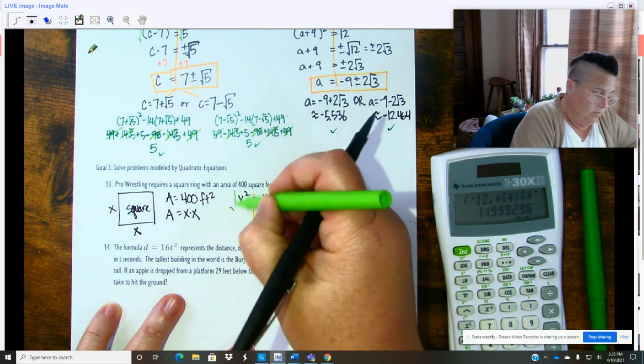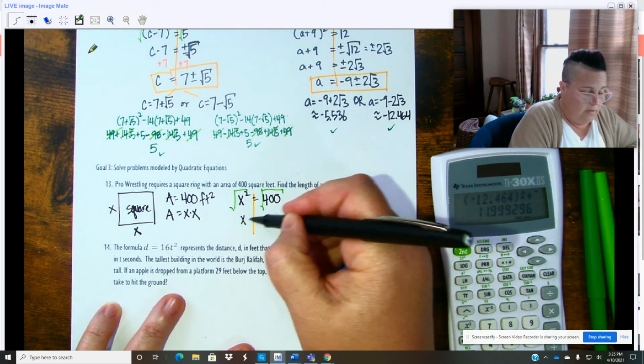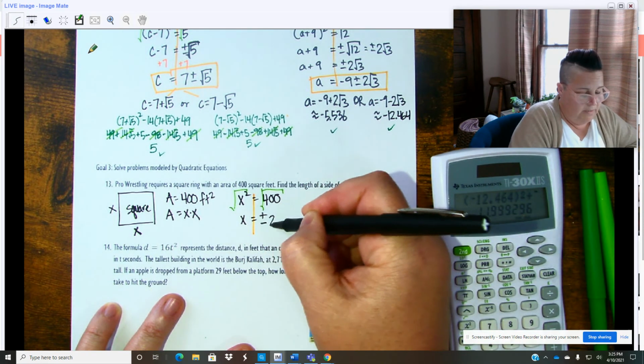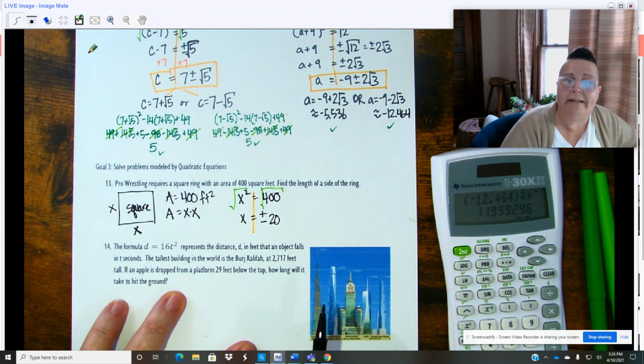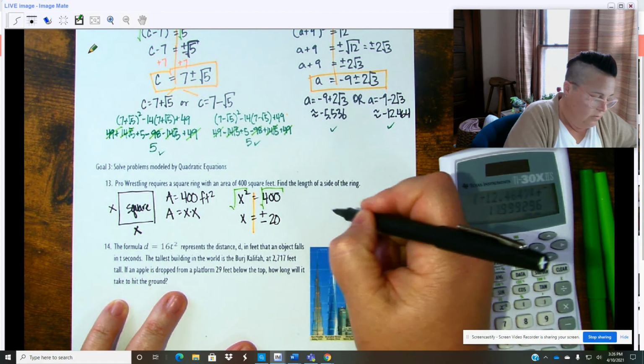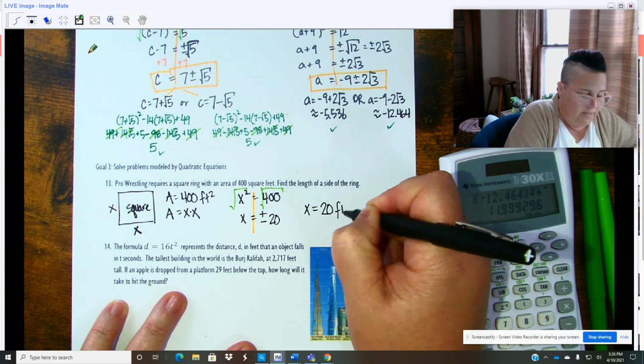So the square root of x squared has to equal the square root of 400. And x would be positive or negative 20. Since we're talking about the length of a side, the length cannot be negative. Length is not directional. It is just the positive. So the x value that will work here is positive 20 feet.